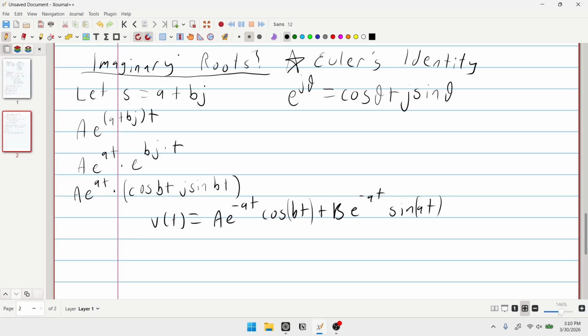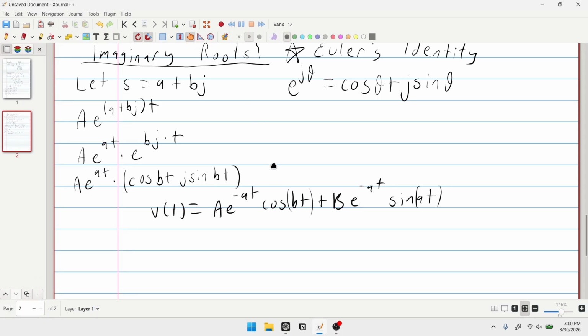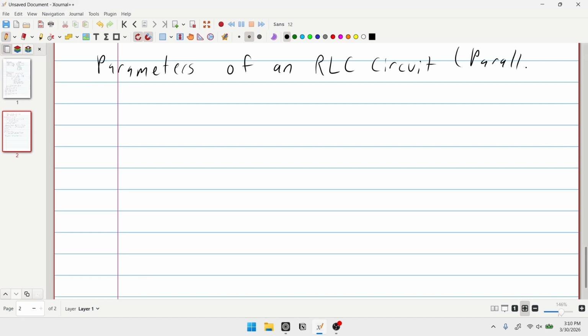So now that we know that, we can find our parameters, right? So we have the parameters of an RLC circuit, specifically the parallel version, because that's what we're doing today.